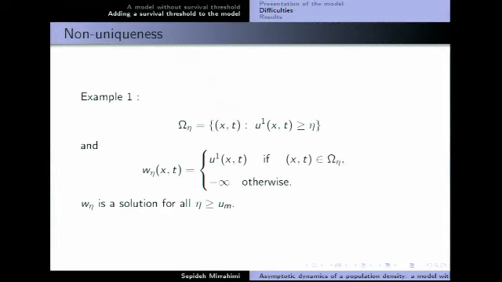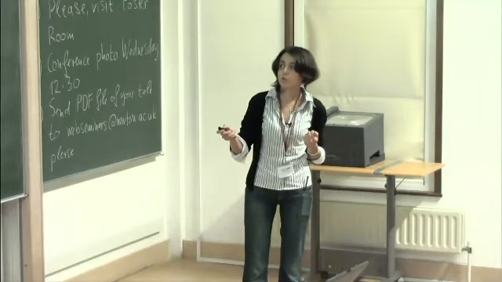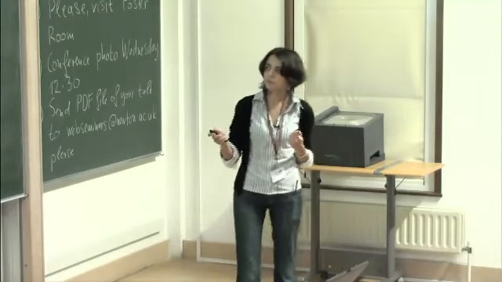And we can truncate u1 at eta and put omega eta equal u1 if u1 is greater than eta and minus infinity otherwise, and we can easily see that this is a solution to this Hamilton-Jacobi system.